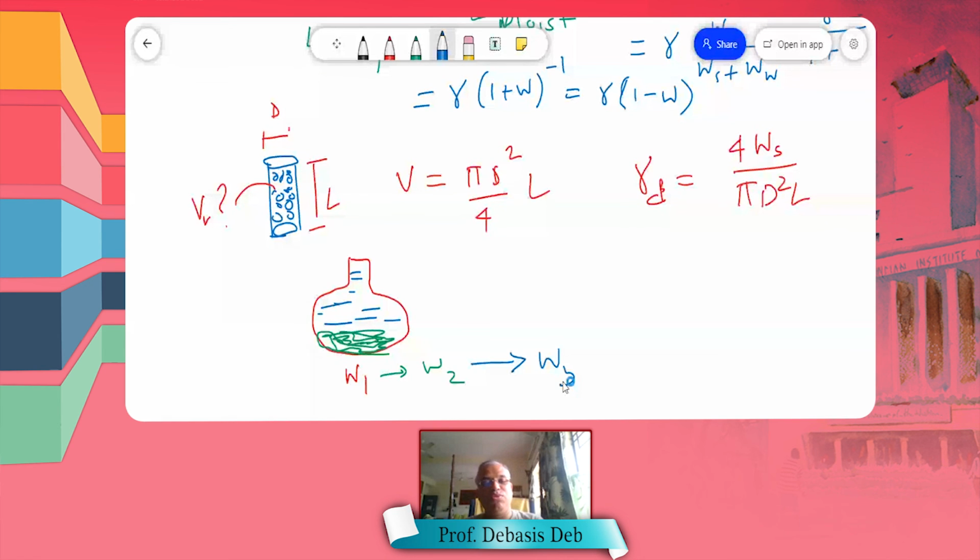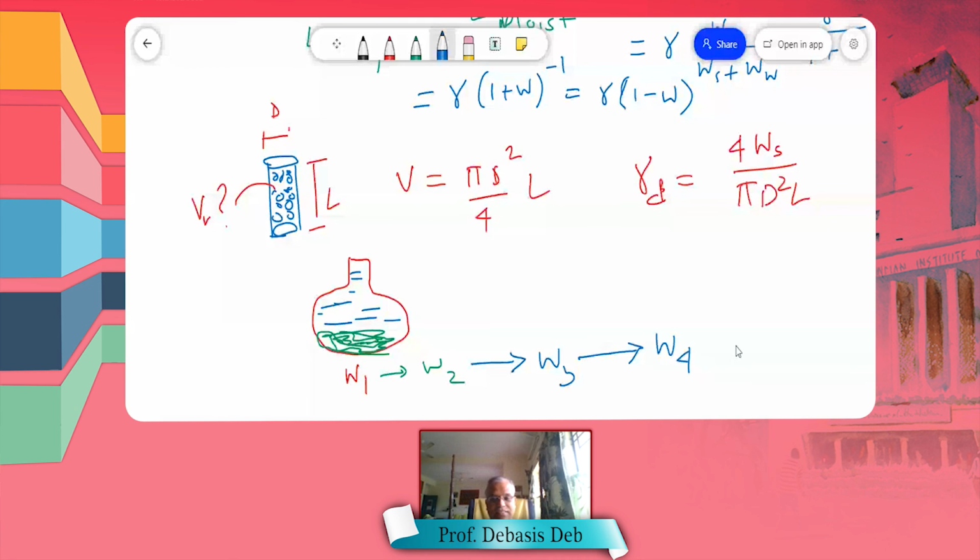Then we throw everything out and fill only water. Then this bottle will be filled with only water, and that weight we again take, that is W4.